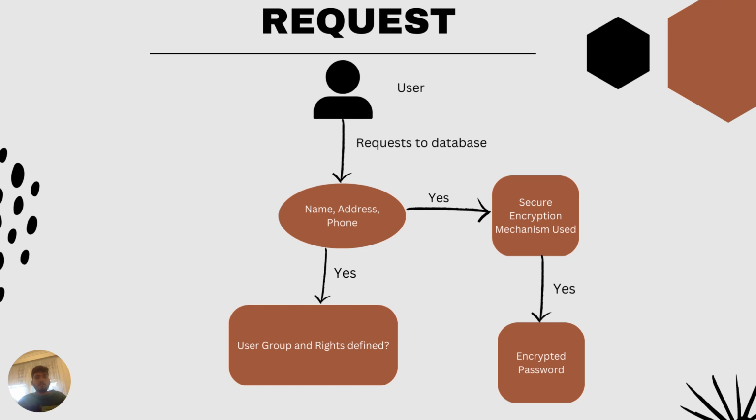So in this, the user tries to access or put data in the database. He or she requests to the database, the name, address, and this encryption mechanism is used and secures the data, and passwords and login credentials are also encrypted.